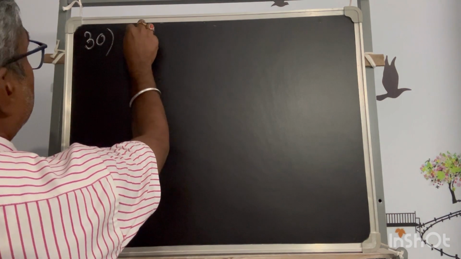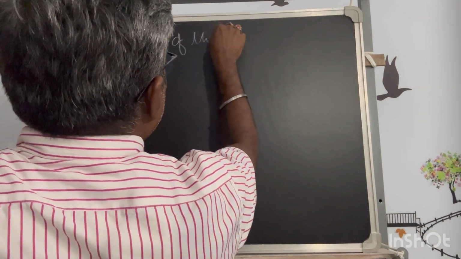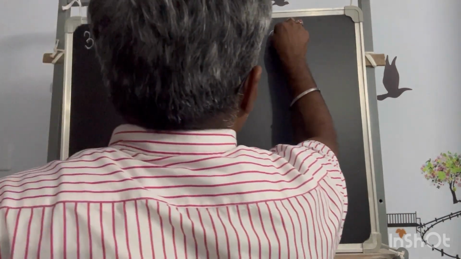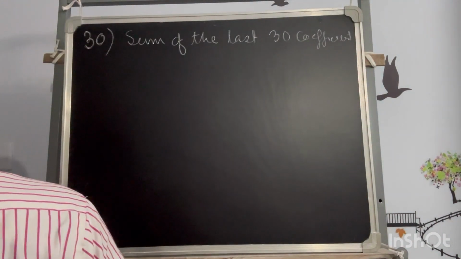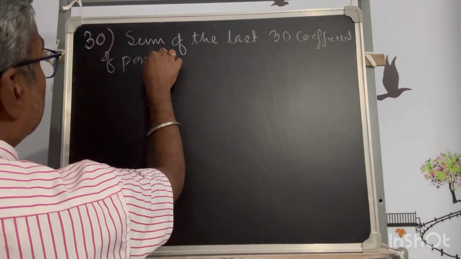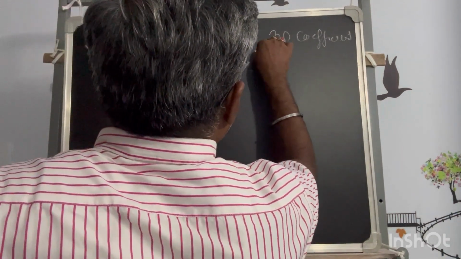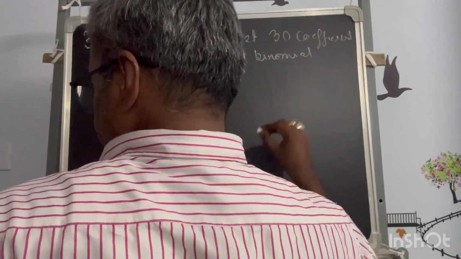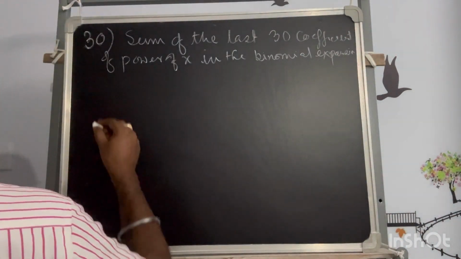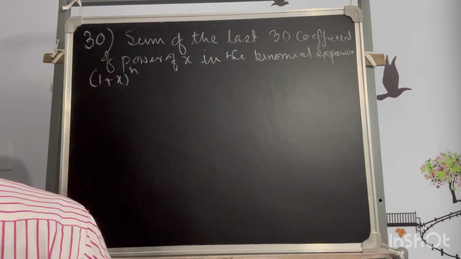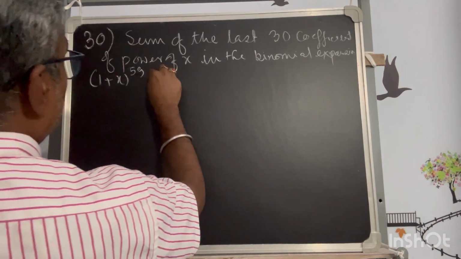Okay, we'll take this. It says the sum of the last 30 coefficients of powers of x in the binomial expansion of (1 + x) to the power 59 is how much?